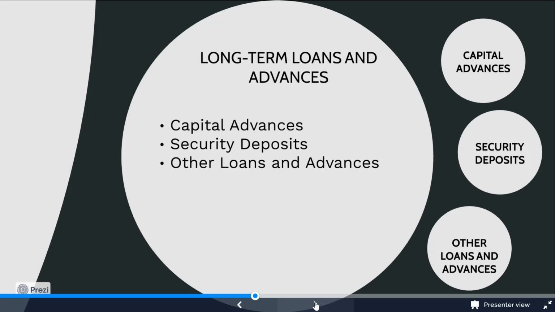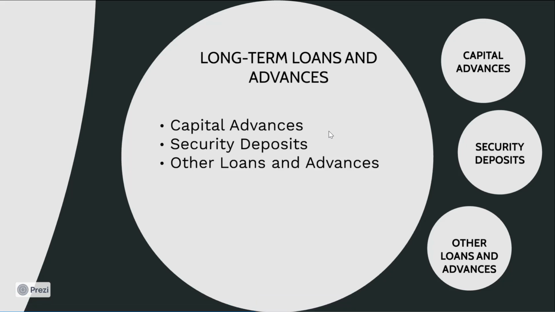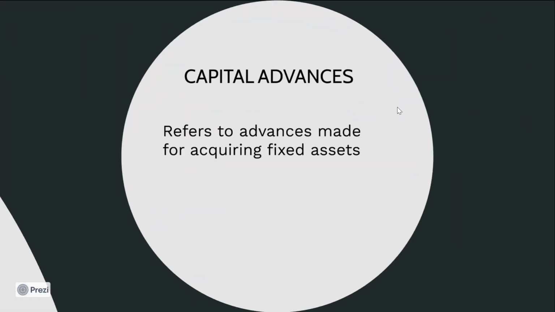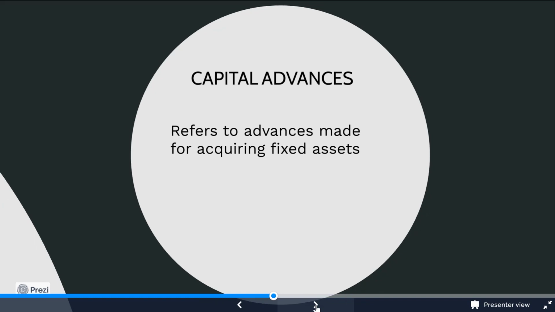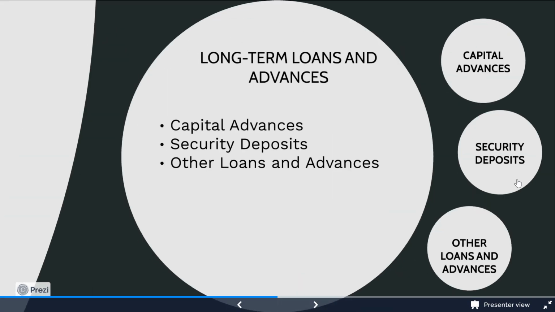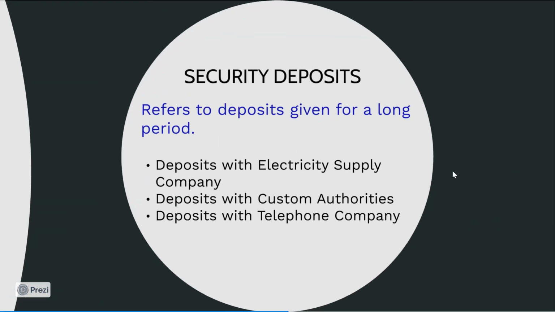Long-term loans and advances next. The following come under this head: capital advances, security deposits, and other loans and advances. Capital advances, we are talking about advances made for acquisition of fixed assets. Security deposits, these are deposits given for a long period.